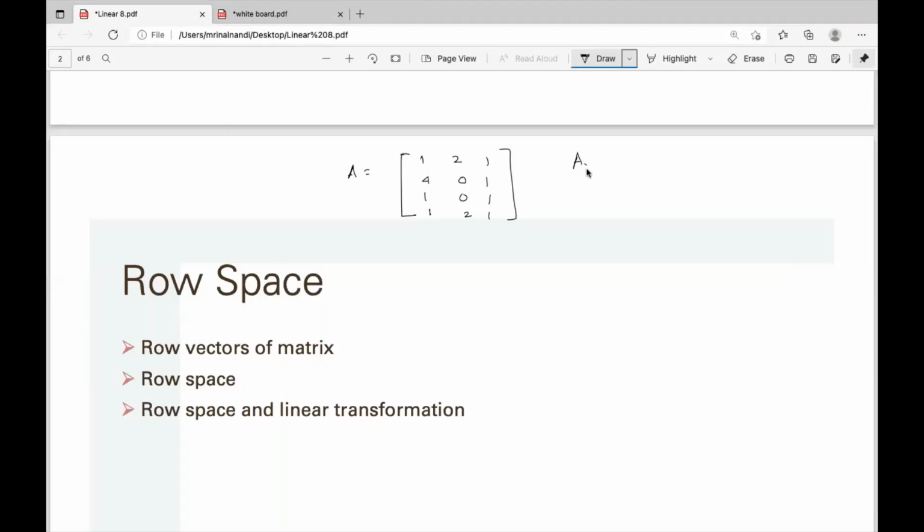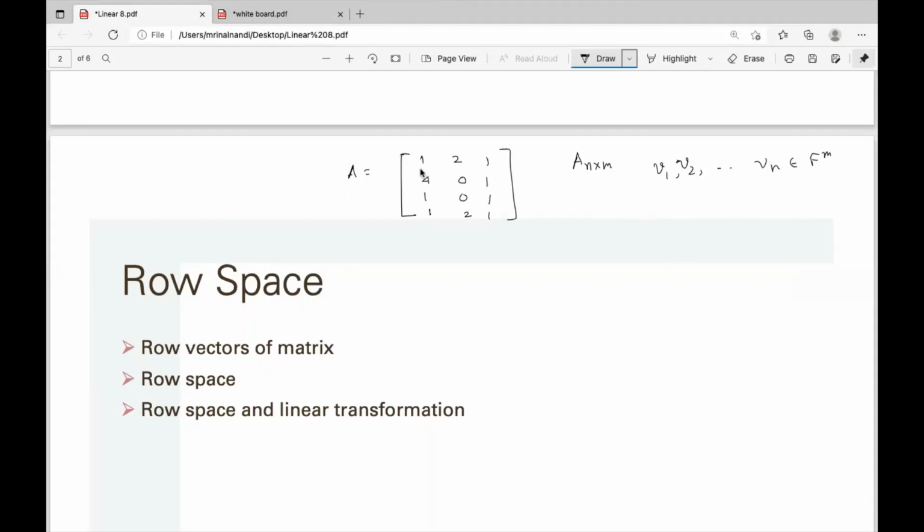So if A is a matrix of n cross m, there are actually n vectors, each in Fm. So these are called row vectors.